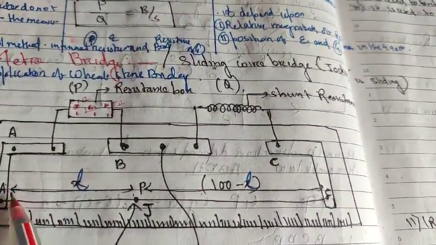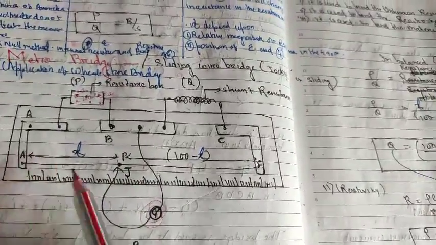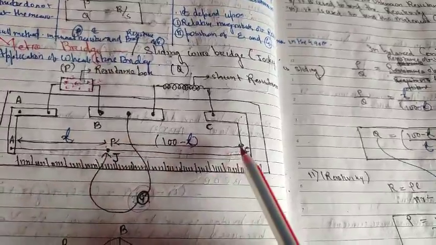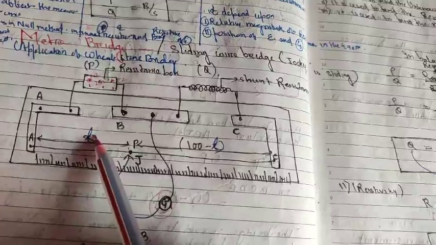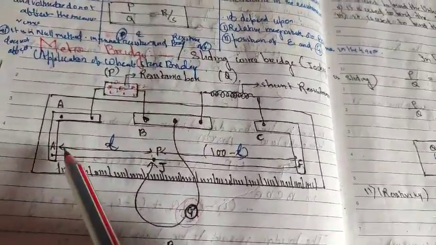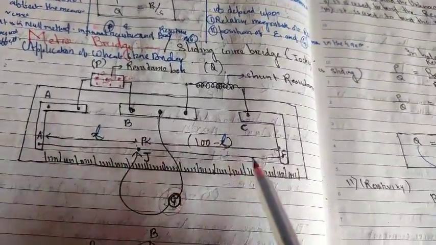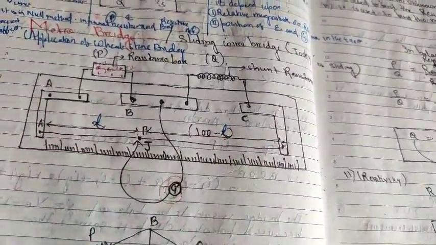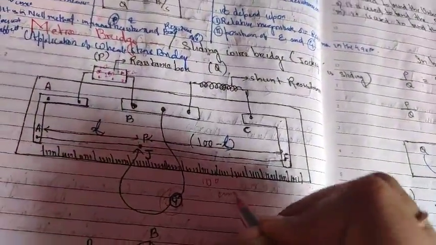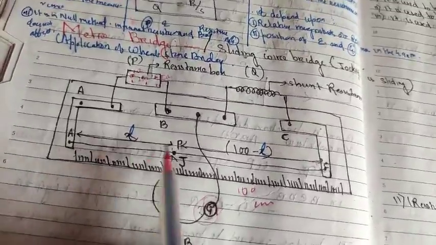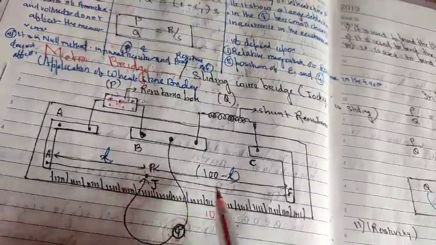I am moving my jockey from A to P, then I will move it from P to C. The length of the wire from A to P is L. From P to C the length is 100 minus L. So the total length of the wire is 100 centimeter. Again I will repeat: the jockey first goes from A to P, then from P to C.